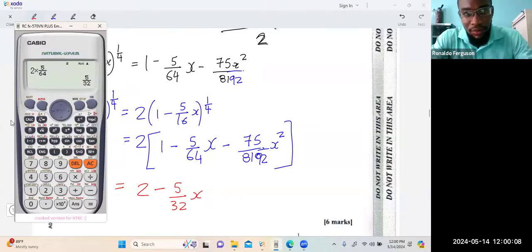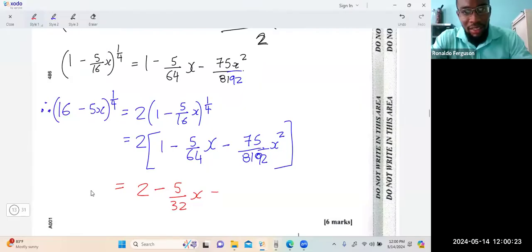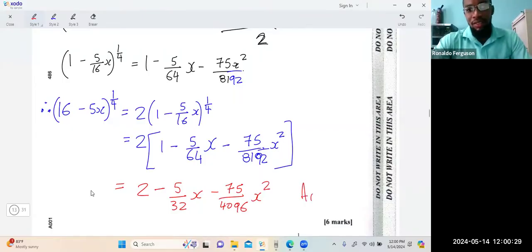Then 75 over 8,192. Multiply it by 2. 75 over 4,096 x squared. That's your answer.